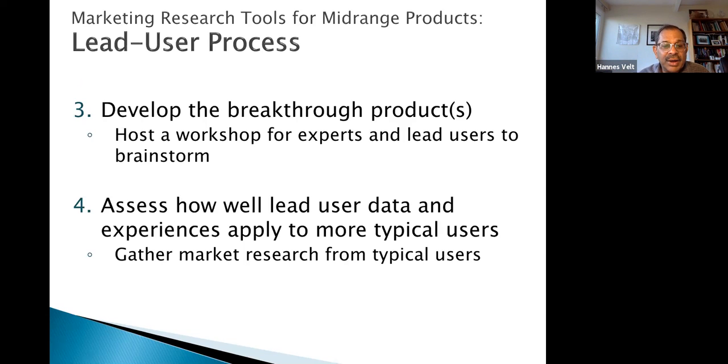So you have to dumb down the innovation. You have to dilute the performance that the lead user has suggested and bring it down to an appropriate cost and price level, like maybe $150 for a pair of athletic shoes.